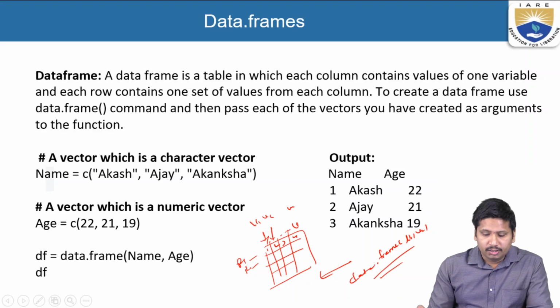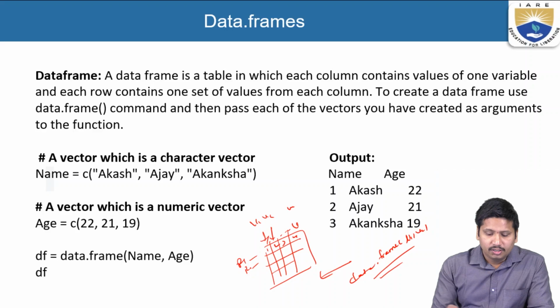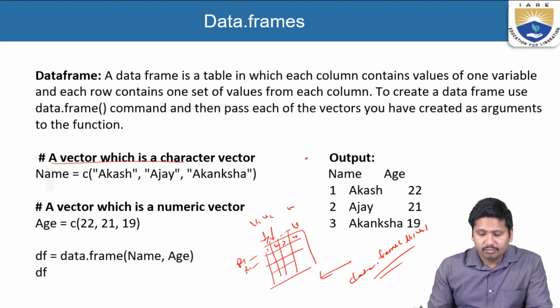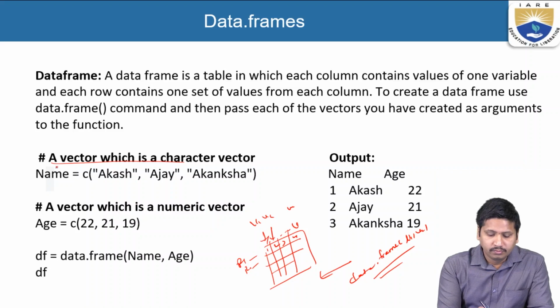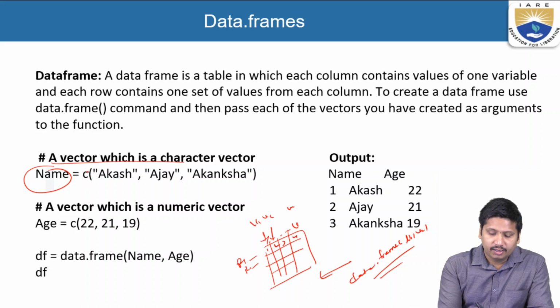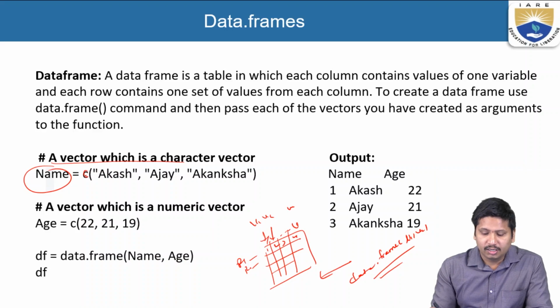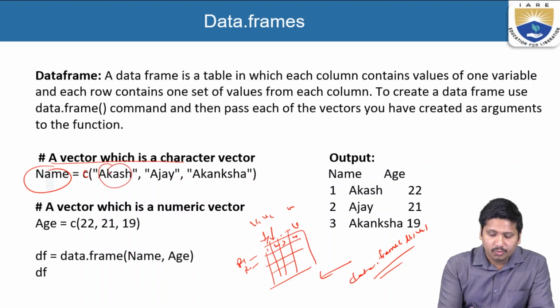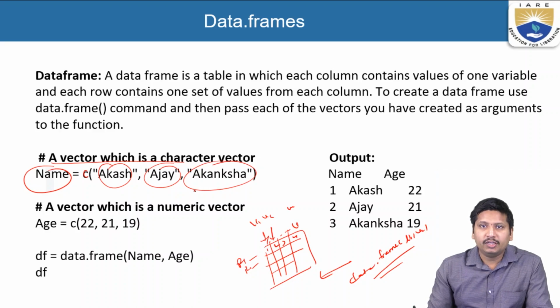Let's see the syntax for creating a vector. First, a character vector. Here the vector name is C, and in this one I'm going to pass the names for the vector.